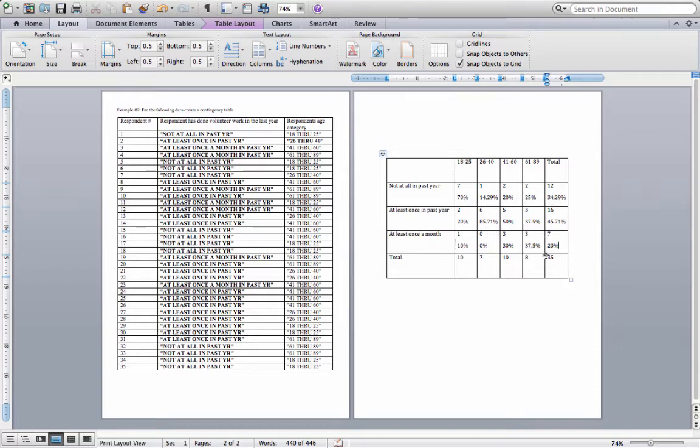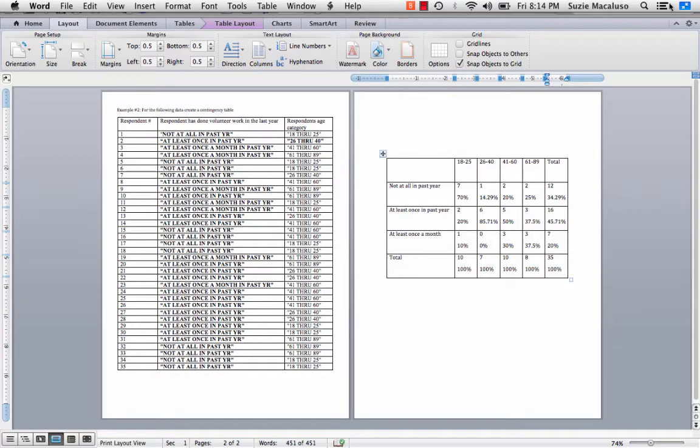And so all of these should equal 100%. So now you've got your crosstab constructed. It is done, and now the trick is interpretation. So let's talk a little bit about how you would interpret your crosstab.